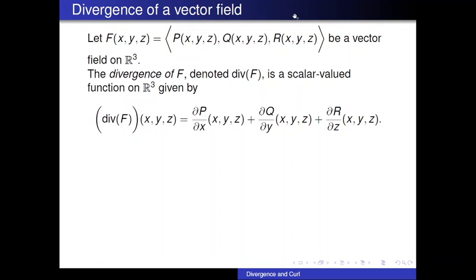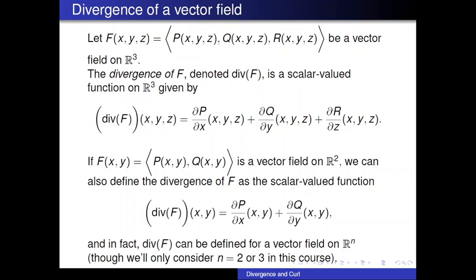It's written like this, div F, and it's called the divergence of F. It's a scalar valued function whose value at every point of space is given by the partial derivative of the first component P with respect to the first variable x, plus the partial derivative of the second component Q with respect to the second variable y, plus the partial derivative of the last component, big R, with respect to the last variable, z.